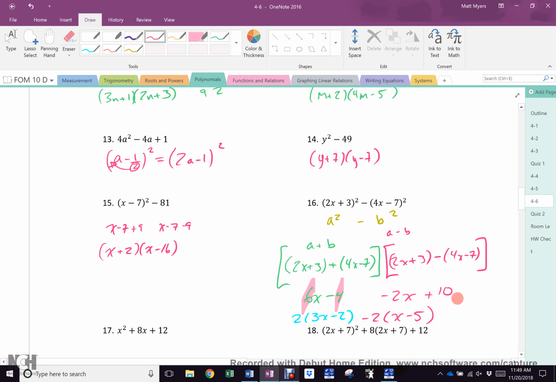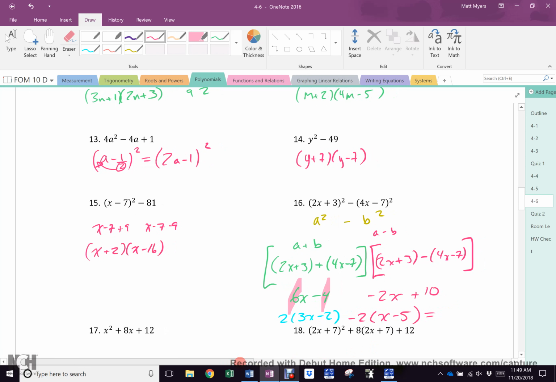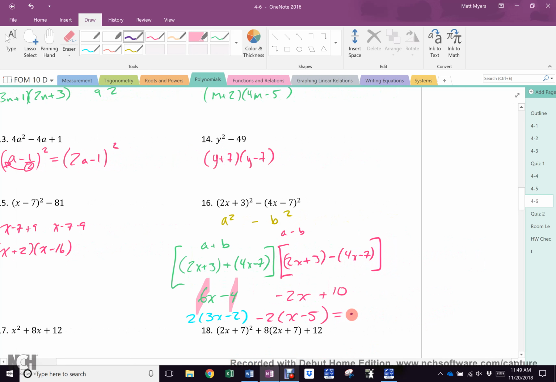Then I would see 2 and 2 are outside of brackets and are like terms. So my final answer would be negative 4, 3x minus 2, x minus 5. That's the best, most complete answer is where I was trying to go with that.